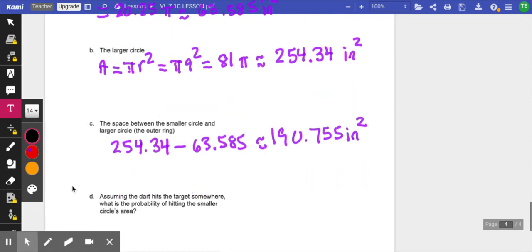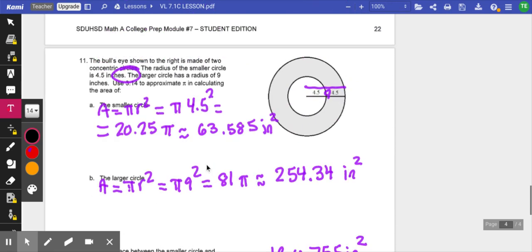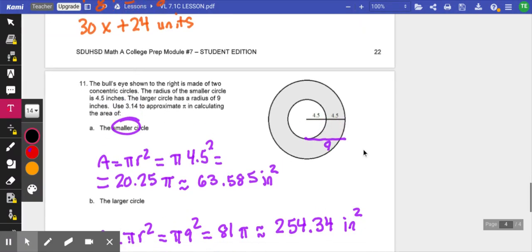Part D. Assuming the dart hits the target somewhere, what is the probability of hitting the smaller circle? So we know that we're going to hit our part of the circle. We're not so bad that we're shooting out here. We can at least hit the whole target. We want to know what's the probability that we actually hit the white region. So we have to go the white over the whole.